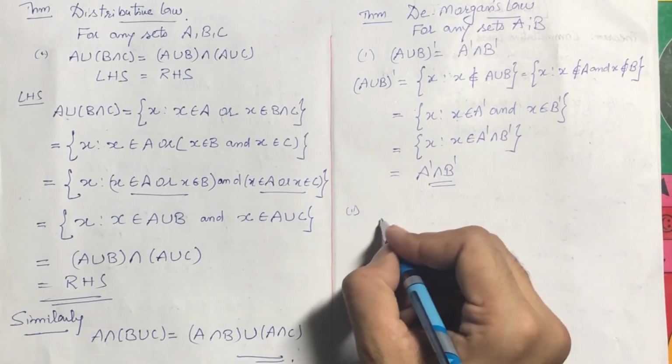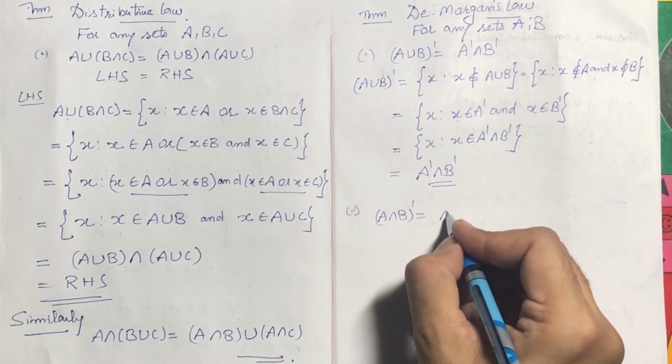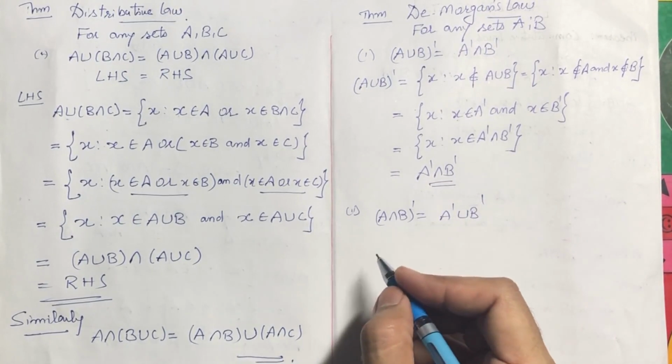So another result is (A intersection B)' is A' union B'. So again we can easily prove this.